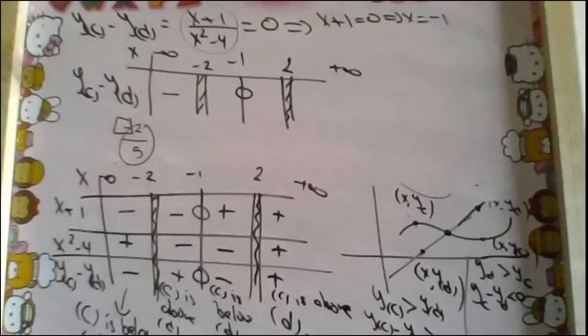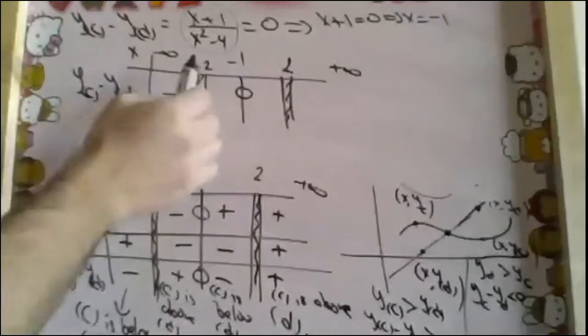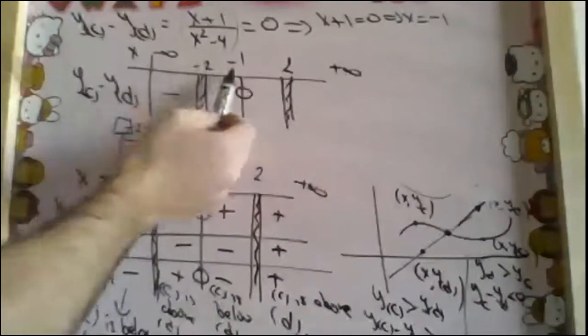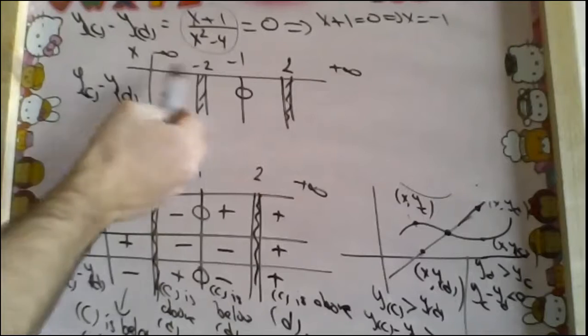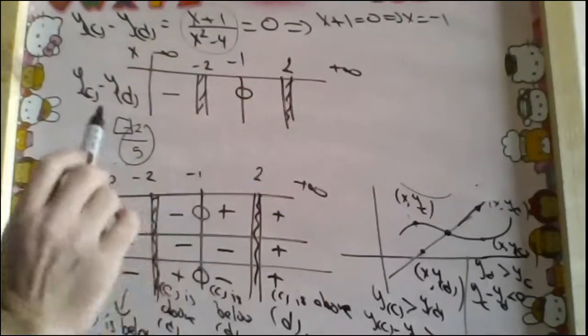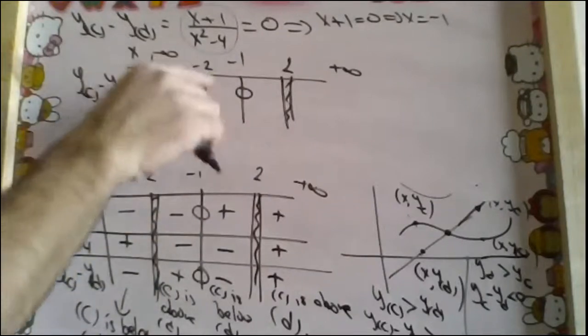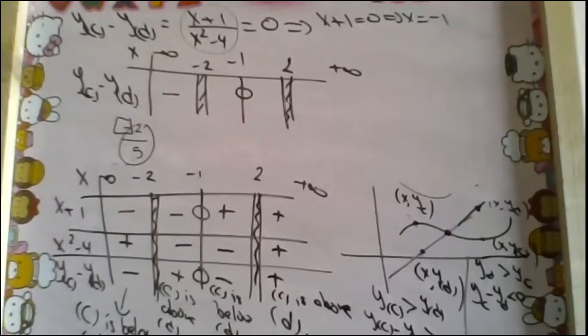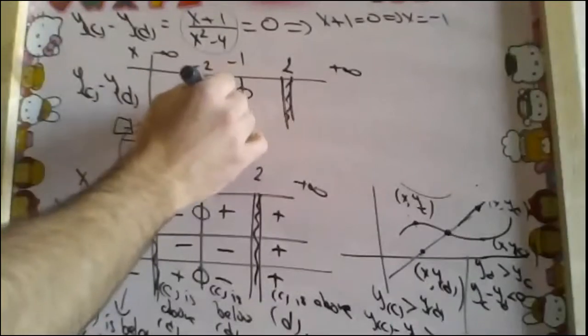I taught you this above. The same idea between negative 2 and negative 1: take negative 1.5, replace x by negative 1.5. Use the calculator. What I'm asking you is to solve them and show me. Between negative 2 and negative 1, negative 1.5, replace x by negative 1.5, you get a positive number.